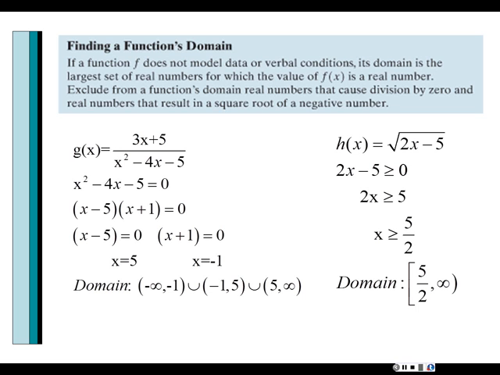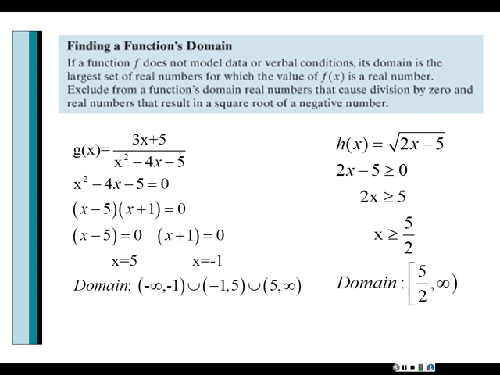So that means we want to isolate x. What is our option? We first try to get rid of 5, so we add 5 to both sides. Once we have 2x greater than or equal to 5, we divide both sides by 2 to get rid of the 2, and then we end up with x greater than or equal to 5 over 2.